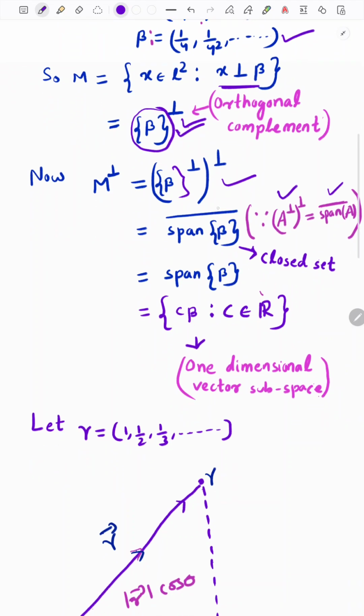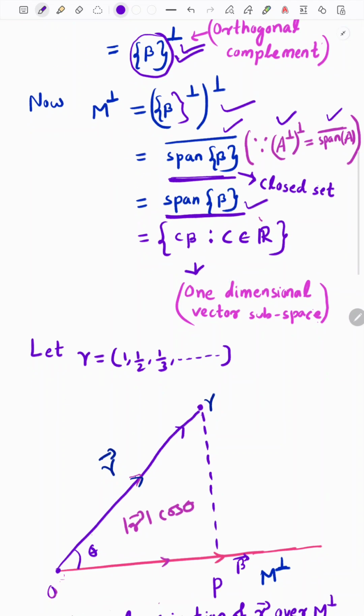So from this definition we will get this. Here beta is one element, so span of beta is a one dimensional vector space. But we know that every finite dimensional vector space is a closed set, therefore span of beta is a closed set. So if we take the closure, it gives the same set, because the closure of a closed set is the same set.